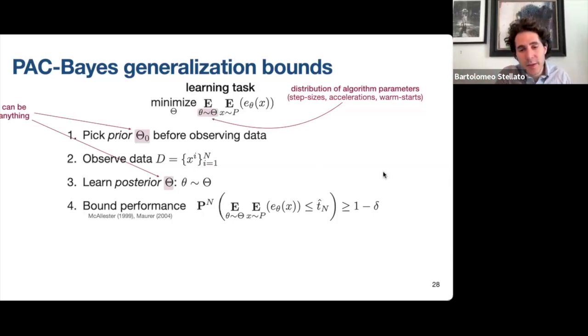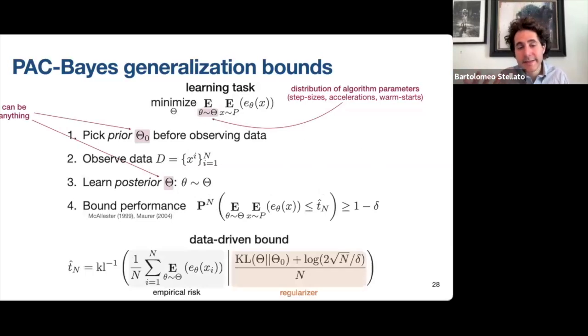And the bounds on the performance are the ones you construct here, where with confidence 1 minus delta over draws of n samples, you can bound the objective of your learning task by this quantity t hat n, the data-driven bound that is very similar to the one I showed you a few slides before. But the difference here is that we're learning the step sizes, so we cannot use the concentration bounds that we had before. We need to use generalization bounds of this type, where here I still have the KL divergence of the empirical risk, where we also have the expectation over the actual distribution of theta.